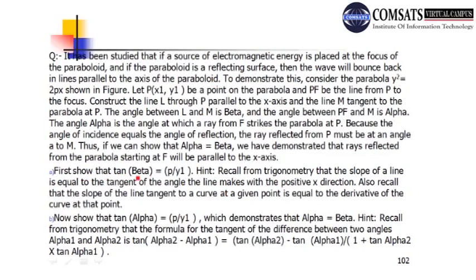We have to show tan of beta is equal to p by y1, and then we have to show tan of alpha is equal to p by y1, because we need to show that the angle of incidence is equal to the angle of reflection.